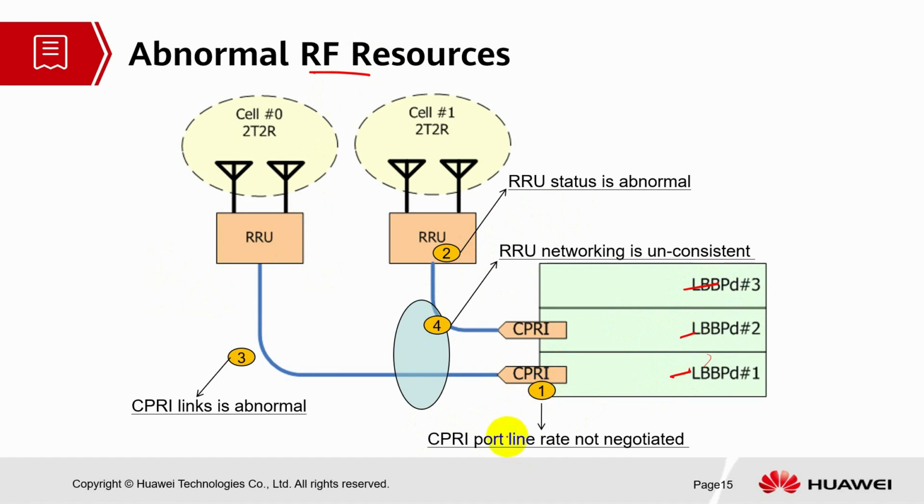The first case is the CPRI port line not negotiating. For the second, the RRU status is abnormal. For the third, the CPRI link is abnormal, the fiber optics. Fourth case here, RRU networking is inconsistent. So these four scenarios could lead to abnormal RF resources.